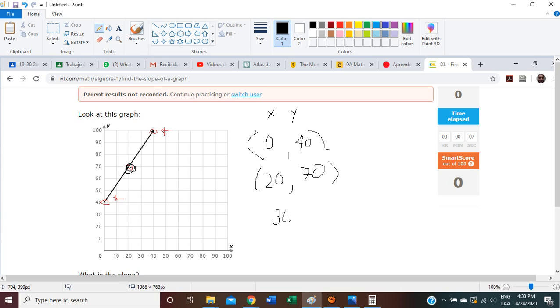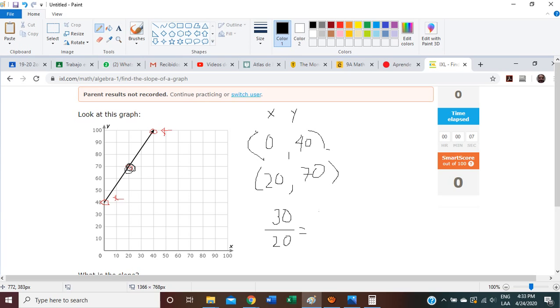Remember, the second number minus the first number. Divided by the change in x. Change means it was 0 first and it changed to 20. So 20 minus 0 equals 20. So this is the answer.